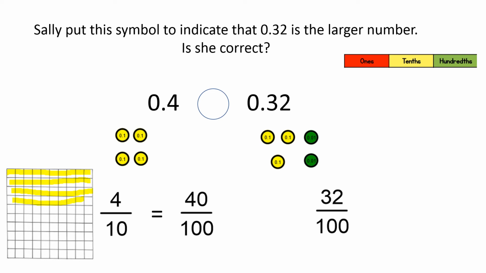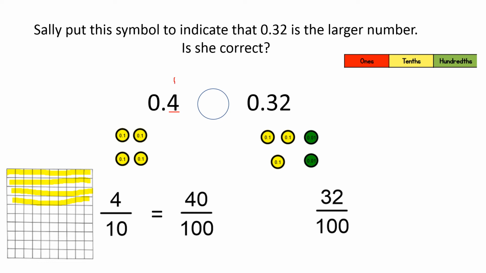So 4 rows, and in each row there are 10. And if you count it all together, you would get 40. So already we can see this is the tenths column.